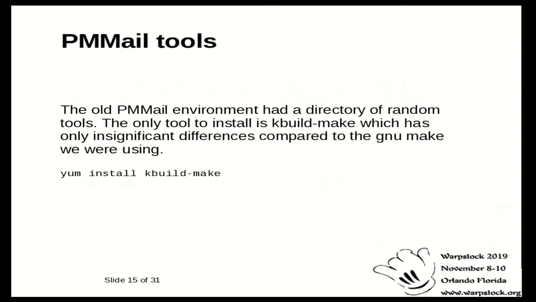Okay, I had to compile this, take this library, do this, resource compilers, everything that goes into making PMMail is defined in that make file. Turns out that the kbuild make is close enough to the one we were using that it really wasn't much of an issue. So yum install kbuild make, and I don't have to use my random copy of, I don't remember what make we used, but it was a very particular version, and I'm glad that what they decided to include in the RPM repository was compatible with the weird version we had.